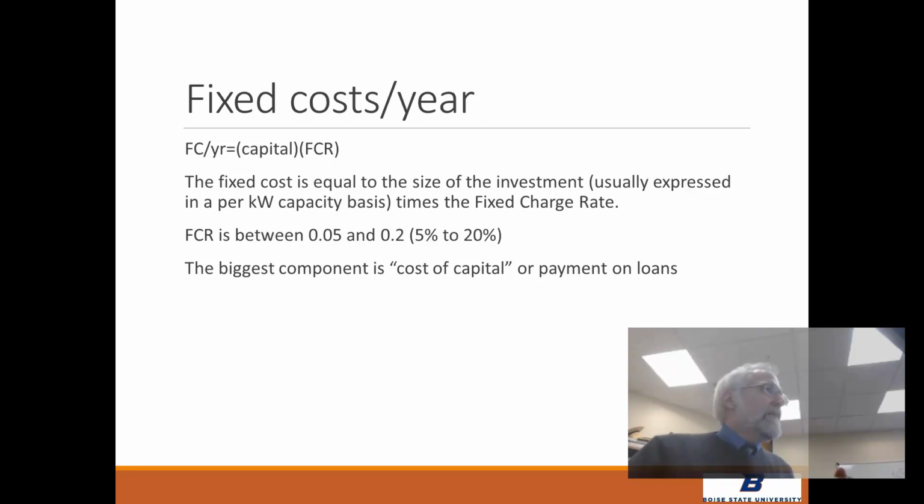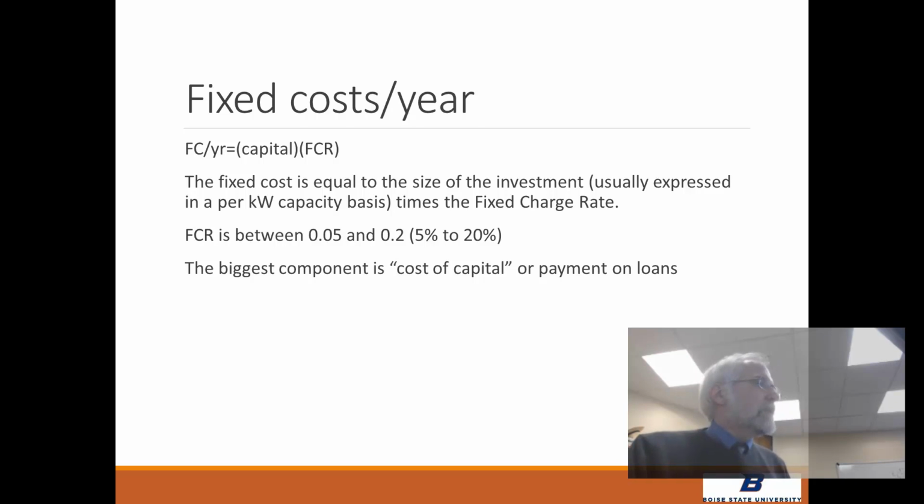Roughly speaking, the end point we're heading to is the amount of capital, how much money you're going to sink into that thing to build it, times this factor called the FCR, the fixed charge rate. Both of those terms show up in the utilities field. So what we want to know is what's the fixed charge rate.